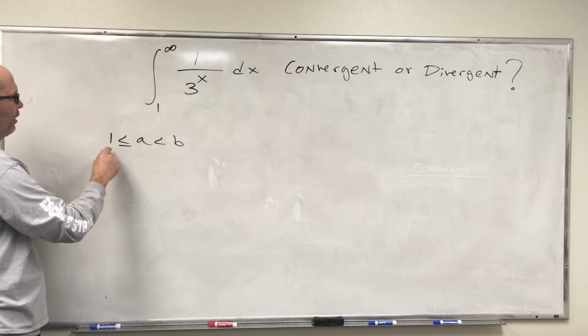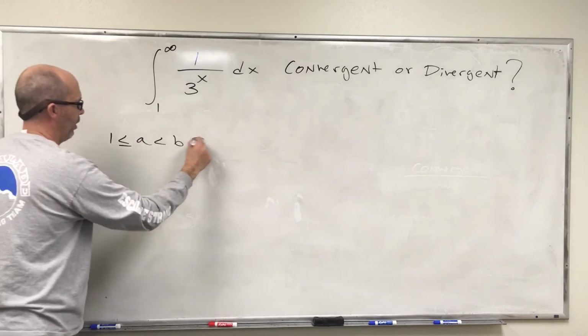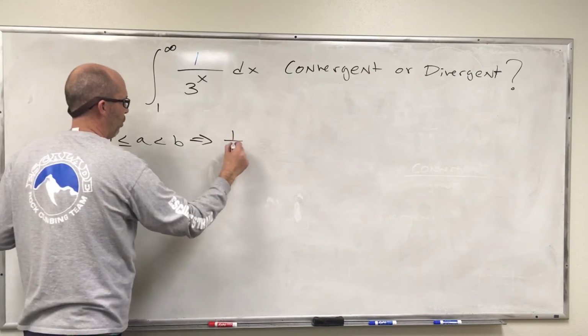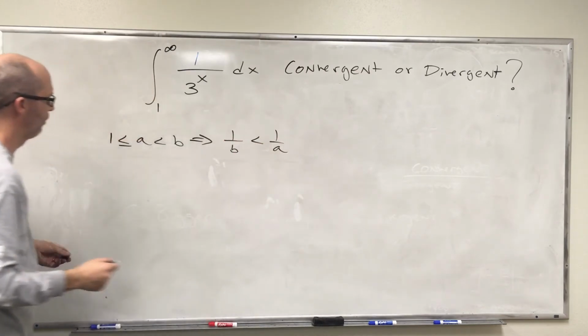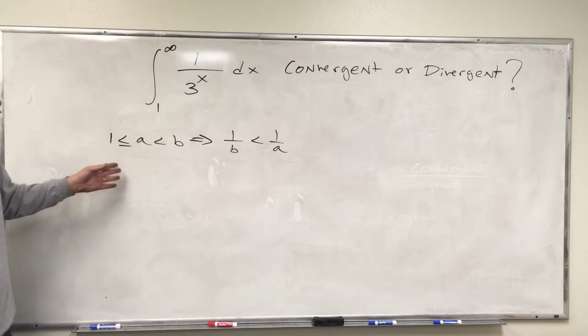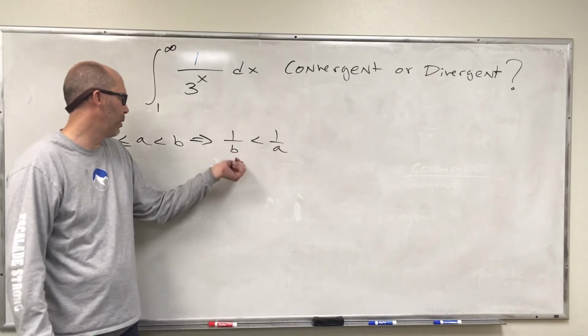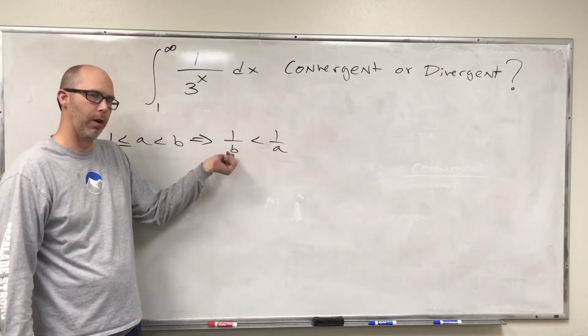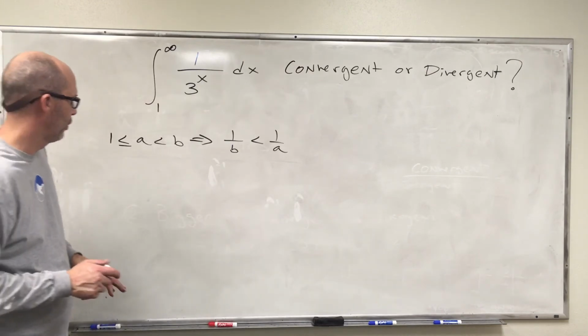If it's true that a is less than b, and they're both greater than or equal to 1, then it's also true that 1 over b is less than 1 over a. Now think about why that's true. Here, b is bigger than a. So 1 over b, we're dividing 1 by more. If you divide something by more, it gets smaller. So that's the idea.